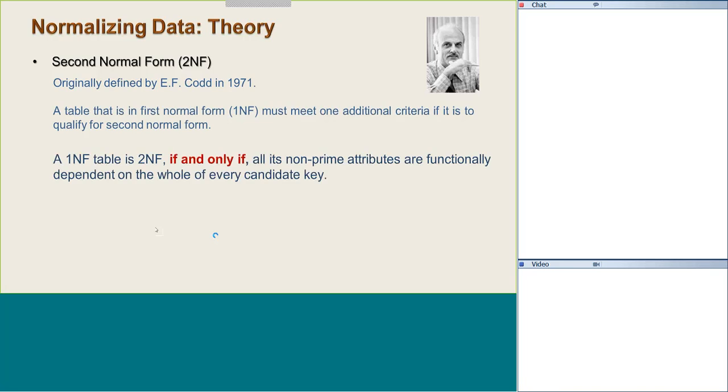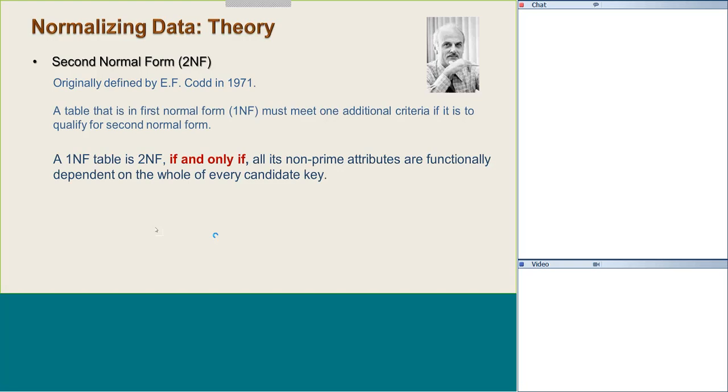And that criterion is if and only if all its non-prime attributes are functionally dependent on the whole of every candidate key. Now again, a little translation may not go amiss here.